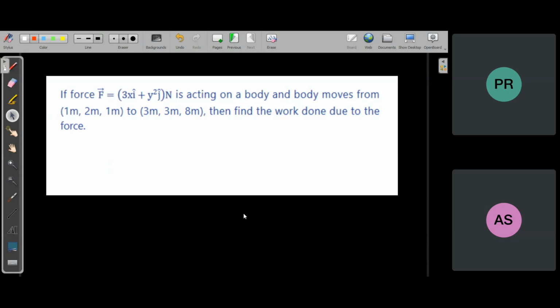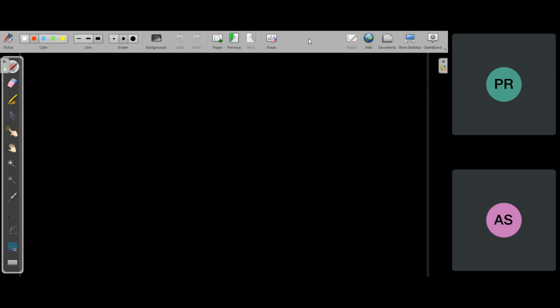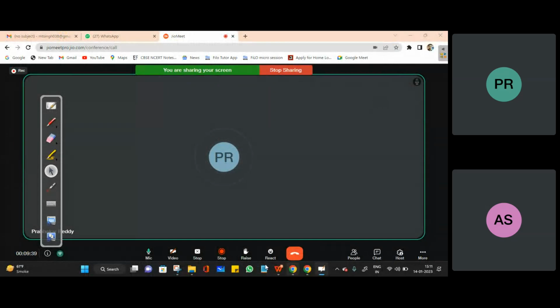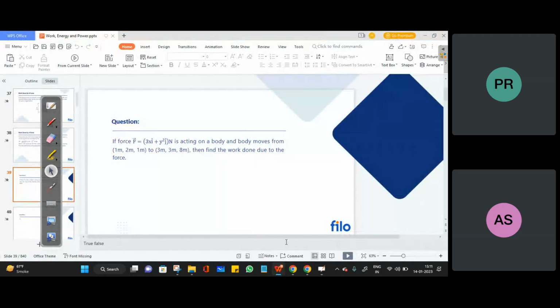So here the work equals the integral of 3x dx i cap from limits 1 to 3, plus the integral of y square dy from 2 to 3, j component. Okay. That's it. But the z component will be 0. Okay.